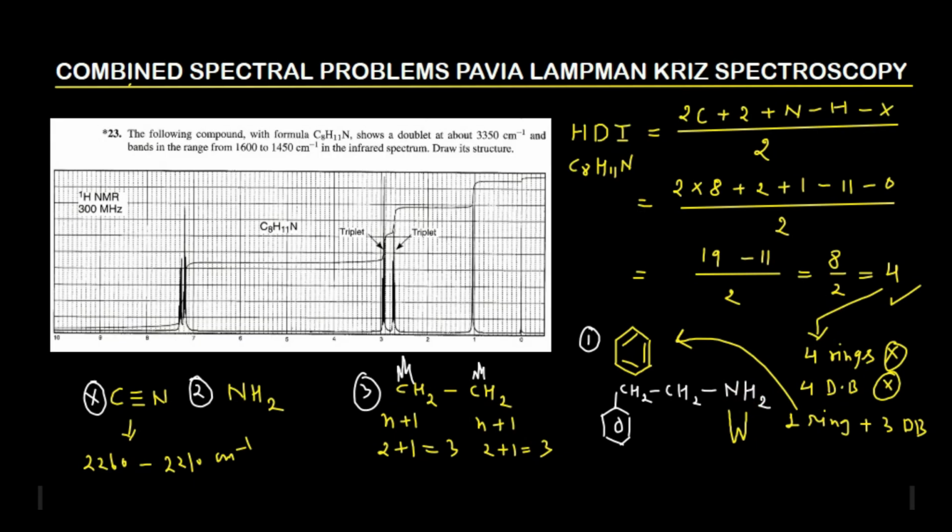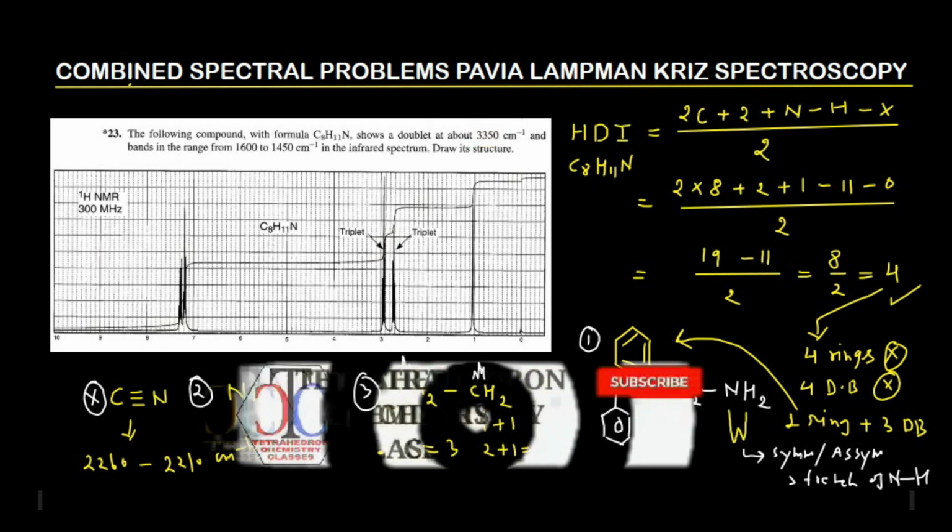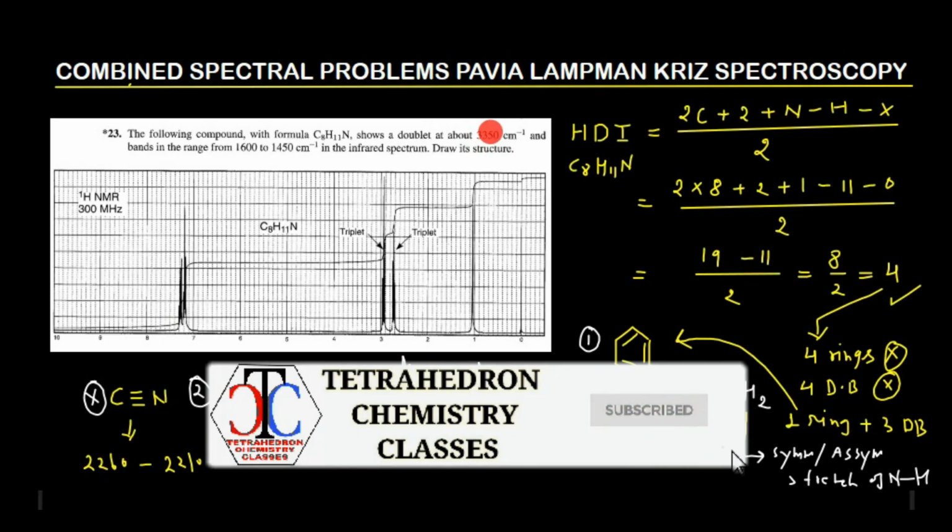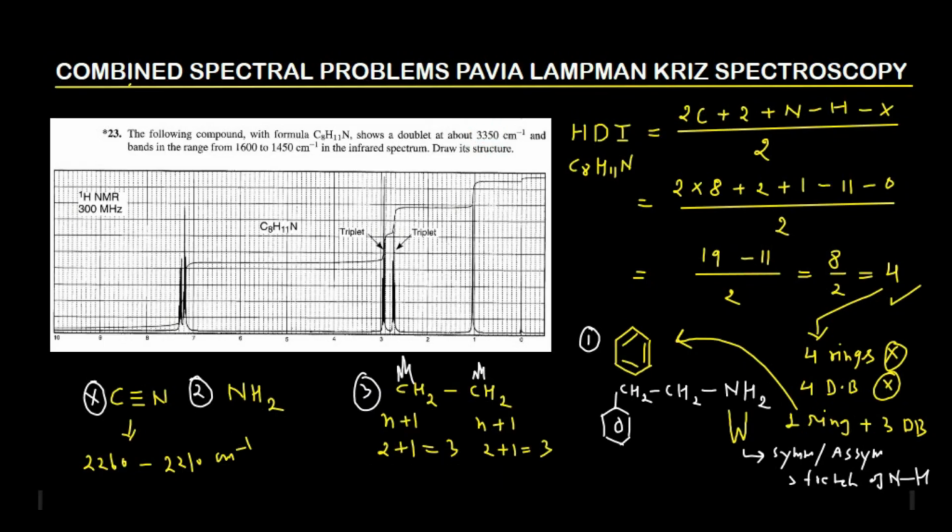The resonating range in the IR spectrum of the NH bond is the same as your OH, at 3350 centimeter inverse.